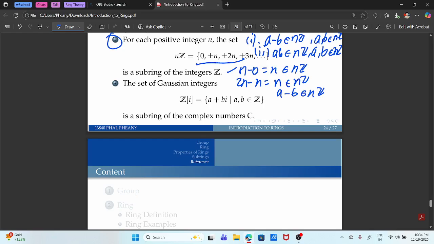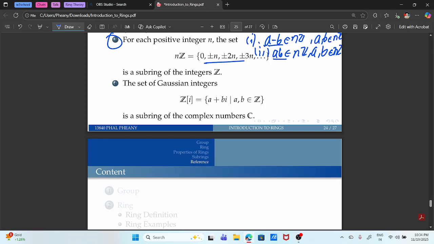Since nZ holds true for condition number 1 and condition number 2 that form a subring, we can say nZ is a subring of the integers.